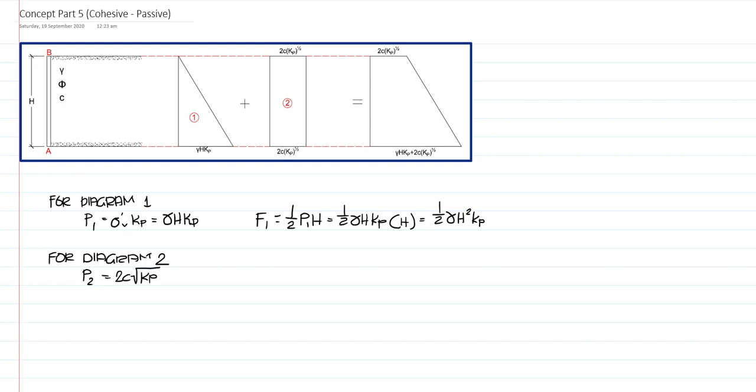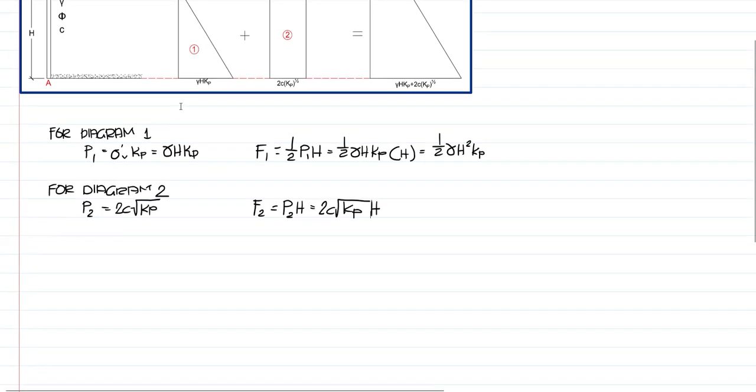Our force number 2 will just be equivalent to, since that is a rectangle, P sub 2 times the height H. So, that will just be 2C square root ng Kp times the value H. So, yan na ngayon yung force number 2 natin.